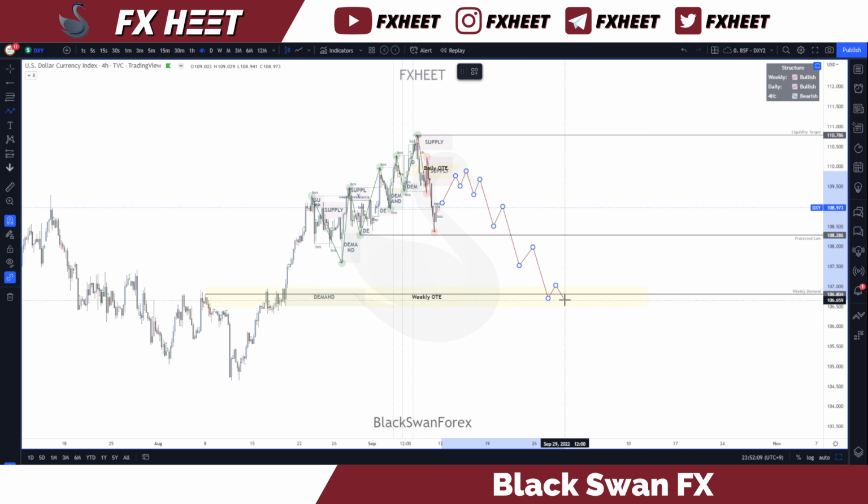And here we could start to see a shift before price starts pushing to the upside, ultimately breaking this high, which would make the most sense structurally, at least for now.